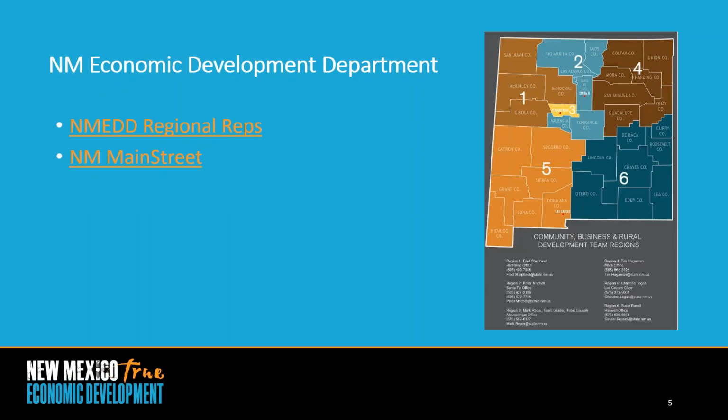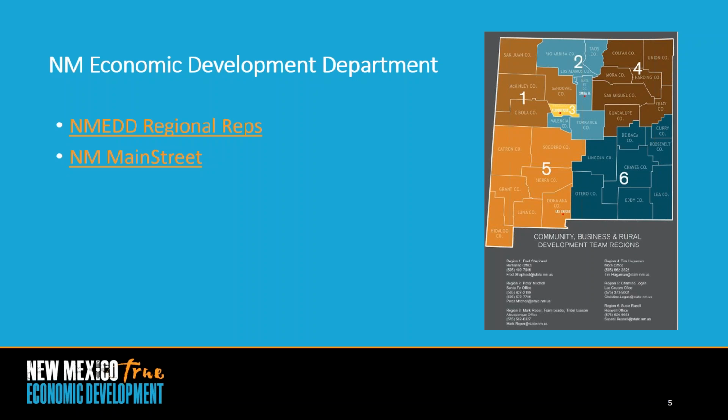And then just one final slide to give you some more information about how to connect with our department within whatever region of the state that you are in. We have our New Mexico Economic Development reps that are located in 6 different regions of the state. You can access this map on our website and get the correct economic development rep, and there are boots on the ground.